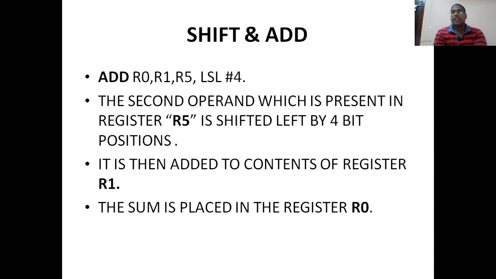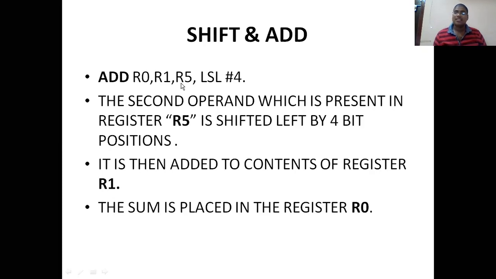Next, shift and add operation. Here multiple operations are going to be performed in a single instruction. If you observe, there are multiple operands. In the previous instructions, we discussed only 3 operands.